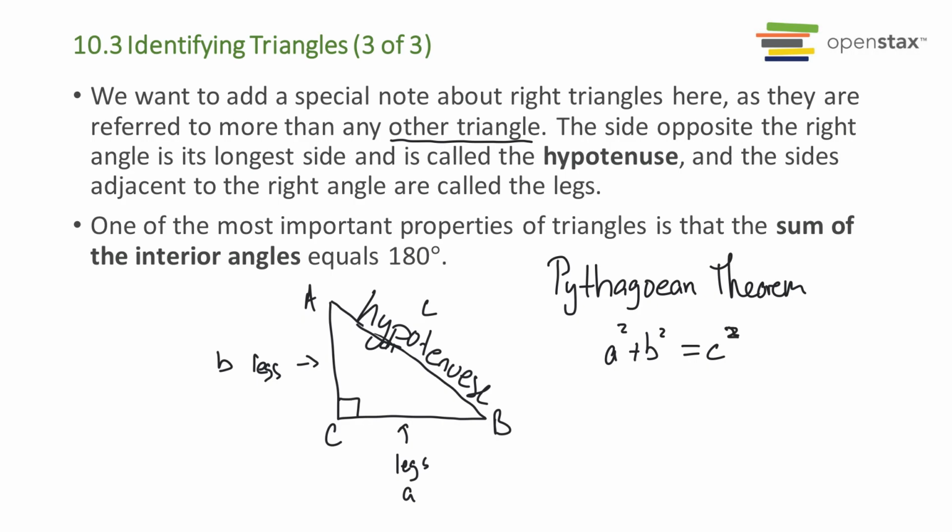This is not the best way to put it. It's really leg squared plus leg squared equals the hypotenuse squared, because it's always equal to the hypotenuse squared, but we shorten it as a squared plus b squared equals c squared, just to make it easier to say.